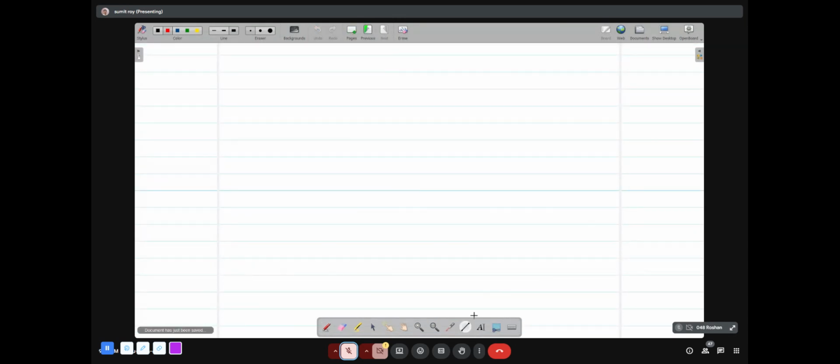Just the final thing that I discuss. Suppose in this axis you have x and in this axis you have energy. This is x, this is energy. Suppose this is potential energy.